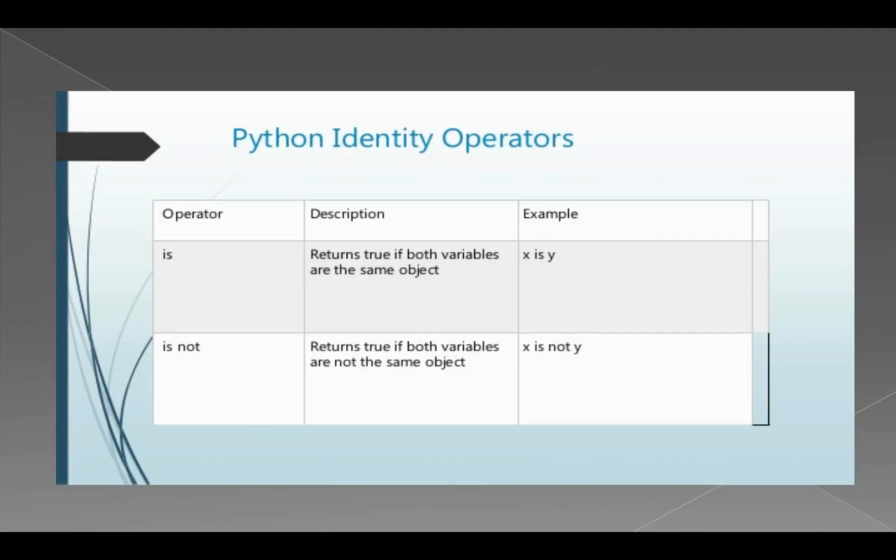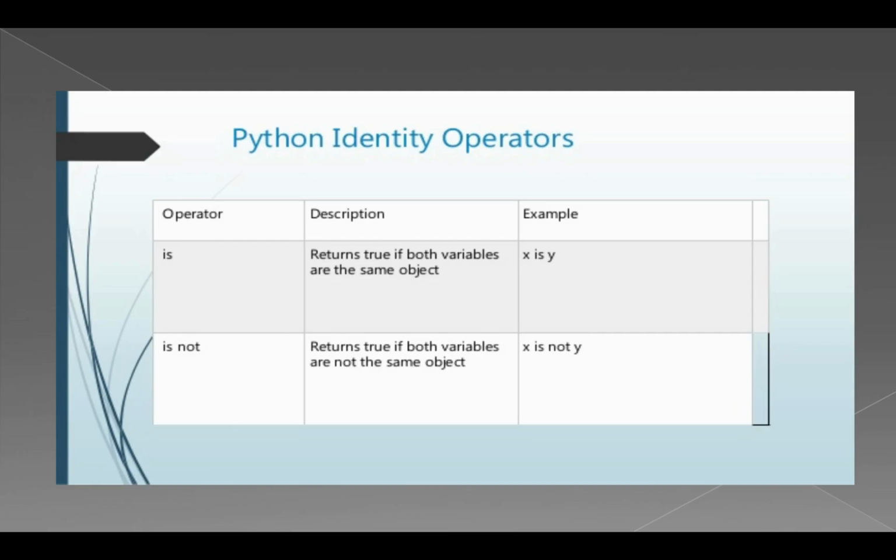Next is your identity operator. Mainly the identity operator is used to check if two variables refer to the same exact object in the memory. Rather than comparing the value, it checks the exact object in the memory.